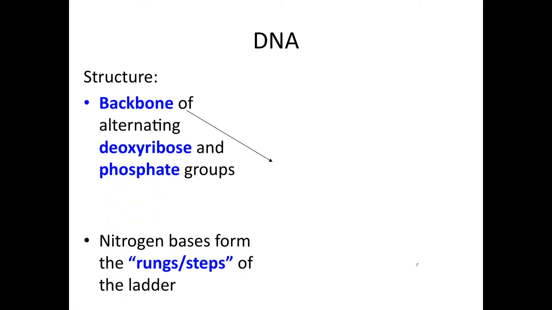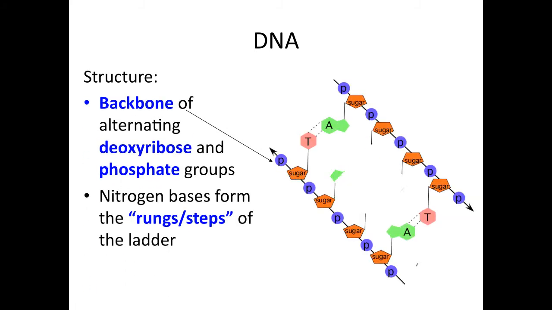DNA has a very specific structure. The backbone of DNA, or the sides of the ladder as we sometimes call it, are made up of alternating deoxyribose and phosphate groups. So here you can see one nucleotide that we just looked at with the sugar, the phosphate, and the nitrogen base.